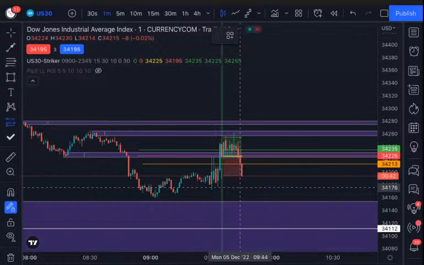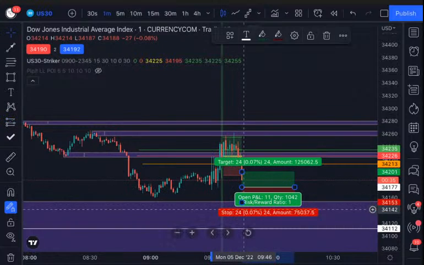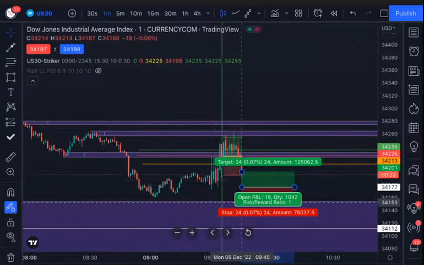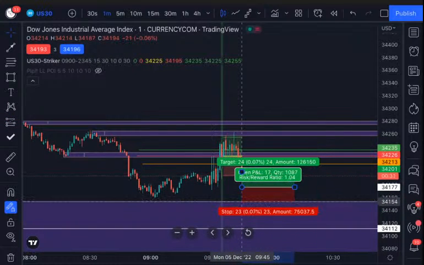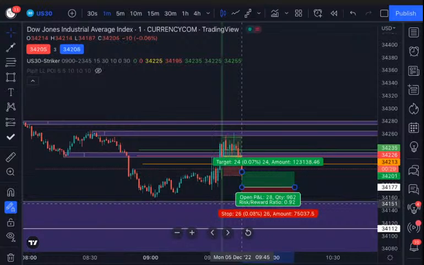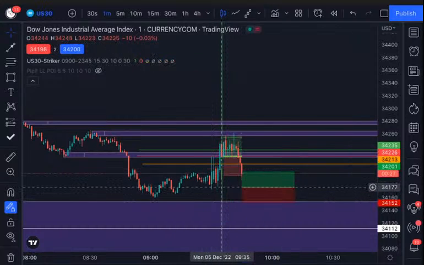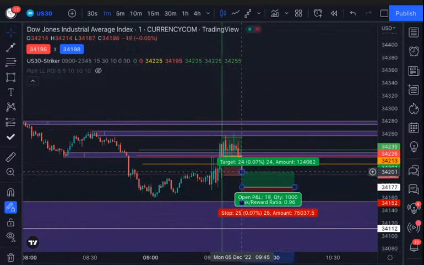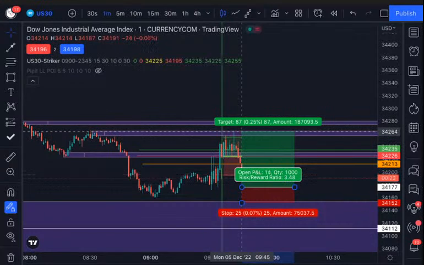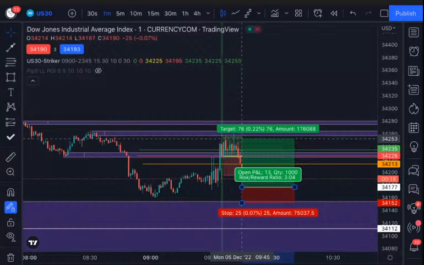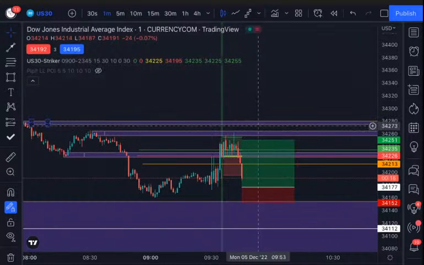Could easily break down to 34176. Yeah, that momentum was a bit rough. That just came in, like a 25 point stop. If it reaches down there, we can take it back up to these levels. Easy 301 right there.